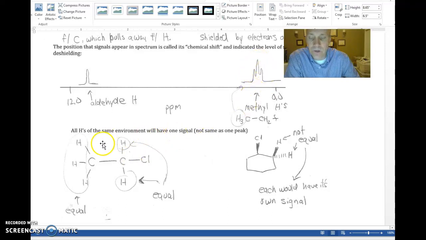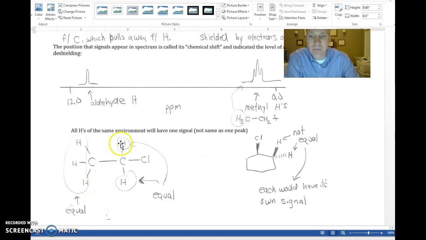If you take a look at this molecule, there are 3 hydrogens on this methyl group, but all 3 would have the exact same chemical environment in terms of how they react to an externally applied magnetic field. They would react exactly the same way. So in the spectrum, you wouldn't have 3 separate signals. You would just have one single signal that stood for 3 protons.